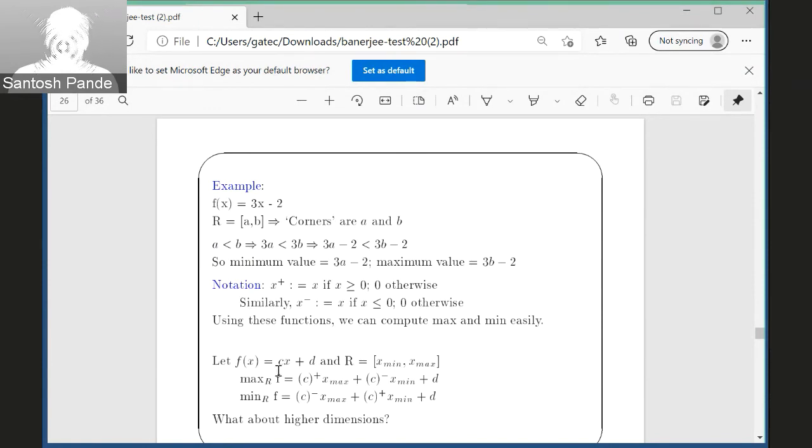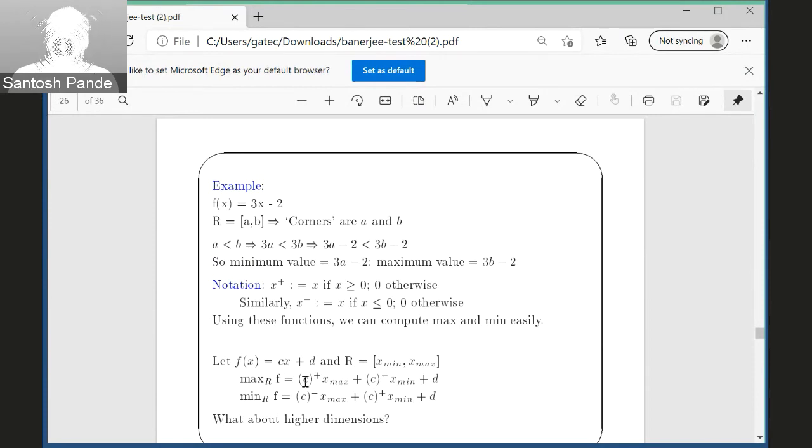So here is how we find the maximum of Cx plus D, which is what we are doing using x min and x max, the domain's minimum and maximum values. For the maximum value, we'll use the positive counterparts of these coefficients. So C plus will tell us the absolute value of C here, and if C happens to be positive, we'll be using the x max.